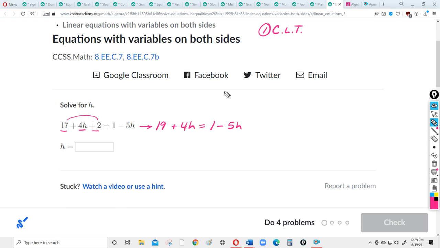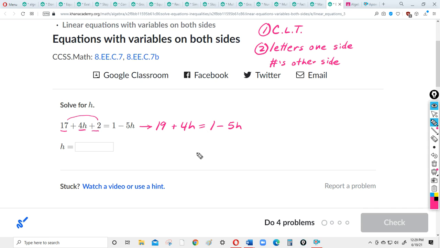So we combine like terms. The second step is to get letters on one side and also to get numbers on the other side. We accomplish that by adding or subtracting the same thing from both sides of the equal sign.